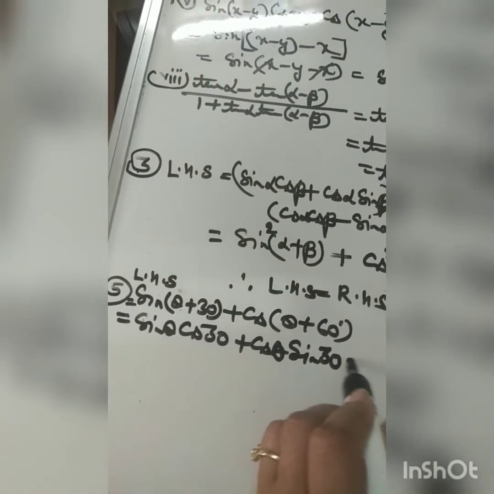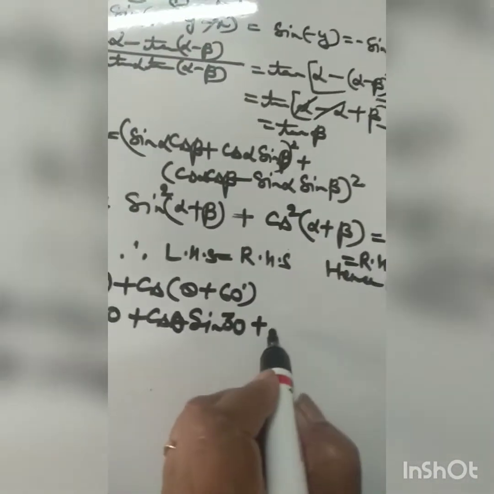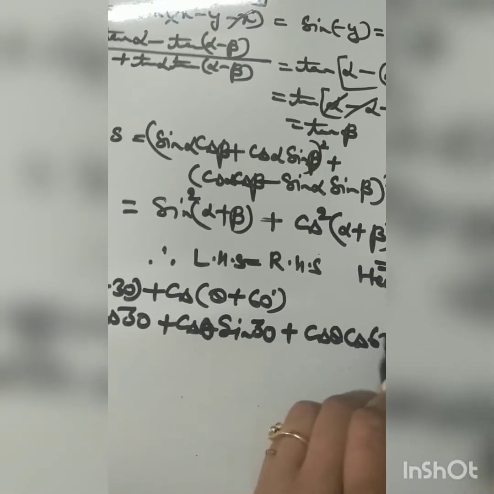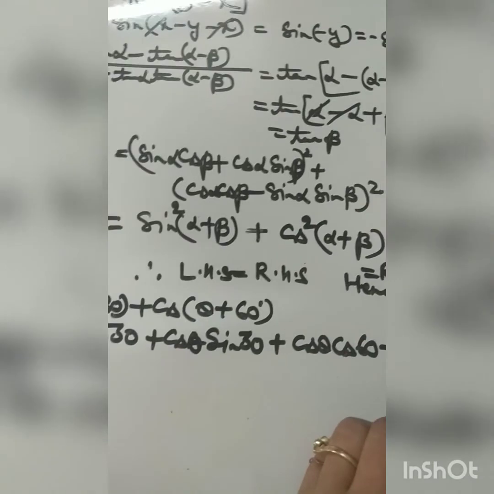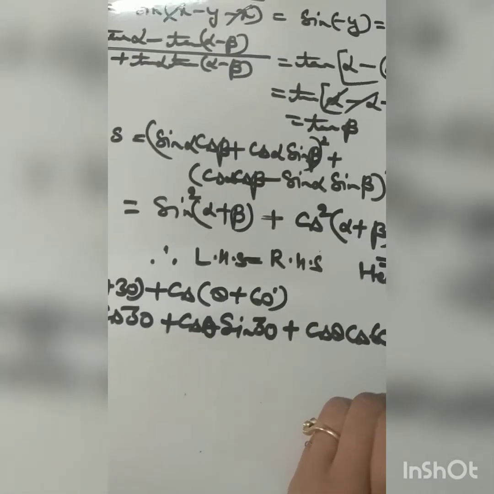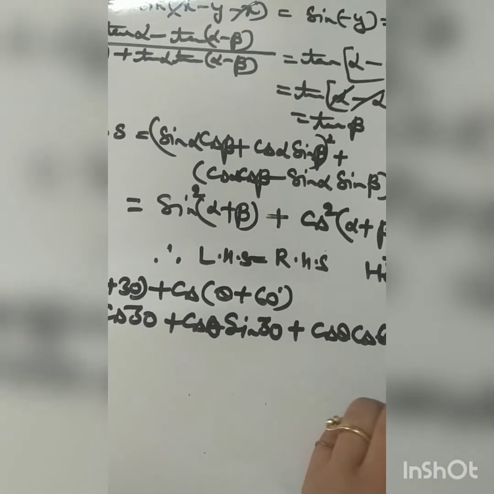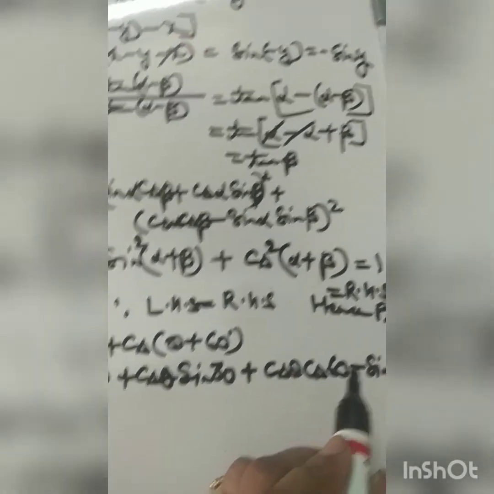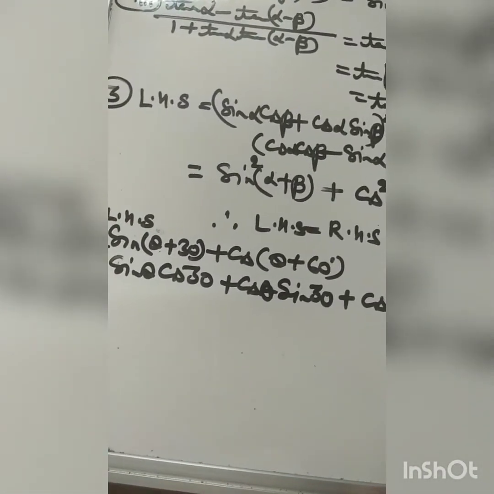Now plus cos A cos B, cos theta cos 60 minus sin A, that is sin theta, sine 60. Now, this much is okay. We will try to substitute the values now.